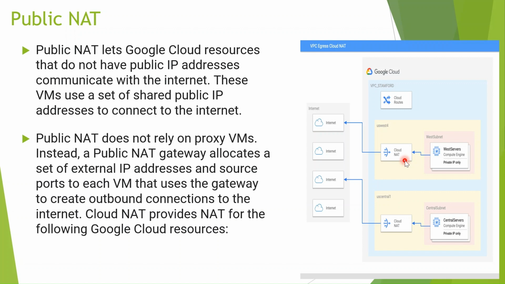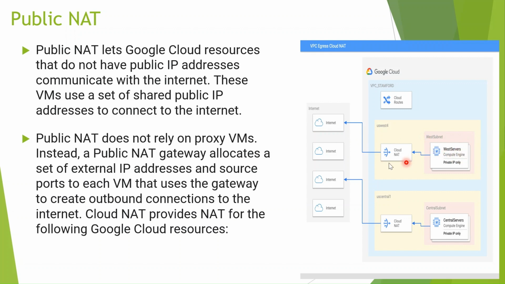If you have high traffic from the VM, you can increase the ports, and if you have minimal traffic going outside, you can choose accordingly. Cloud NAT is regional. Suppose you have created it in the Mumbai location; you cannot use it in US locations. You have to create Cloud NAT for every region separately.